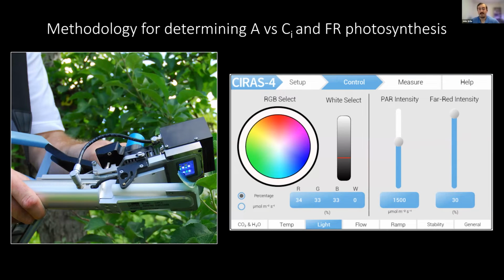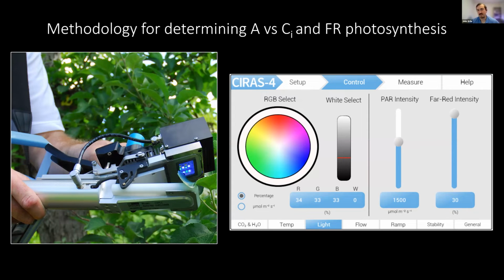So if our PAR intensity is about 1,500 micromoles, then we can achieve 300, or 30% of 1,500. And so this adjustable light spectrum is very easy to do and important for us to be able to rapidly take this kind of measurement.